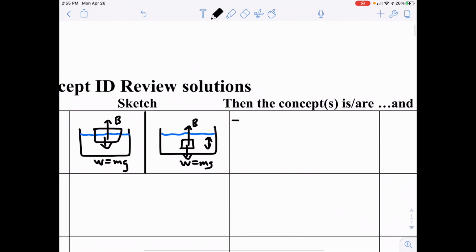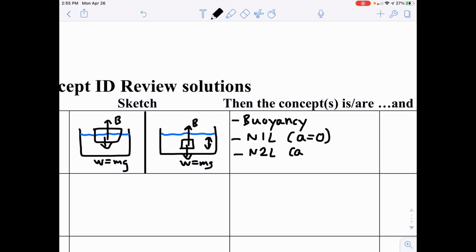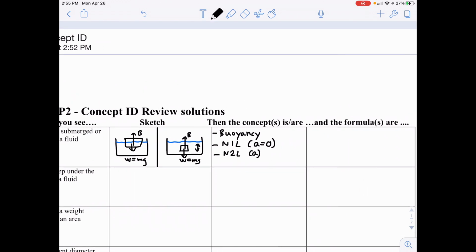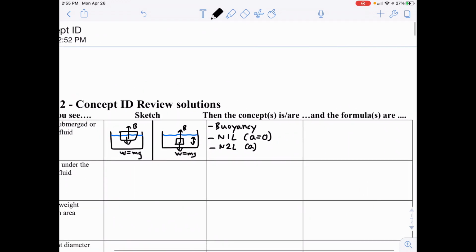Well, the concept would be that of buoyancy. This is a buoyancy concept. But it's also a Newton's first law concept when there's no acceleration, and it's a Newton's second law concept when there is. The formulas we would need with this are buoyancy equals rho of the fluid times V times g.